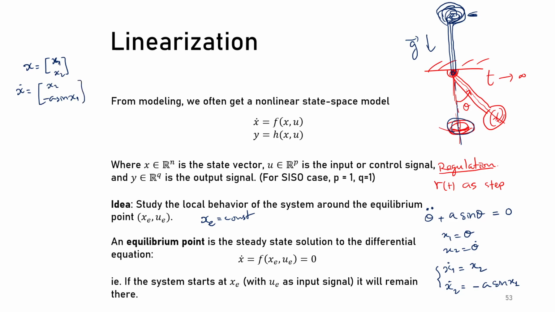So this is your function f of x, without control input. With control input you would have plus b times u here. So this is a function of x and u, right?